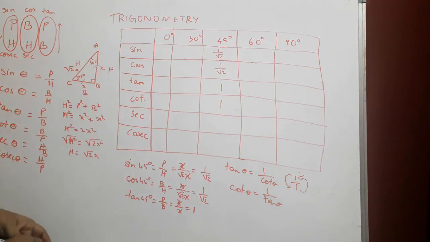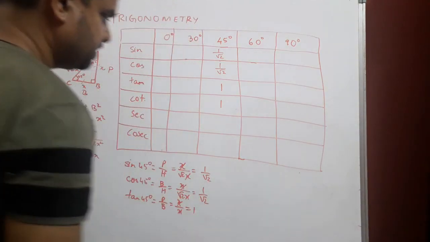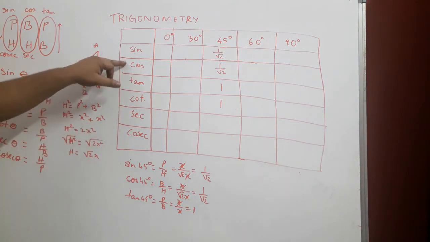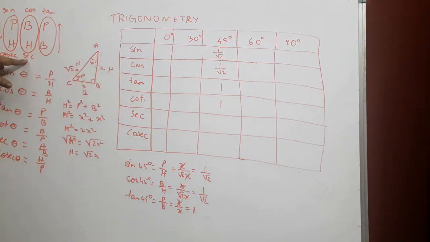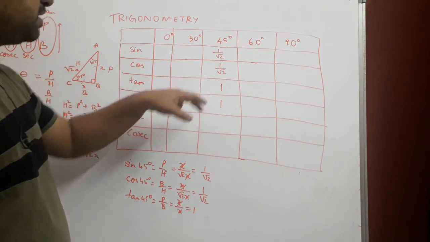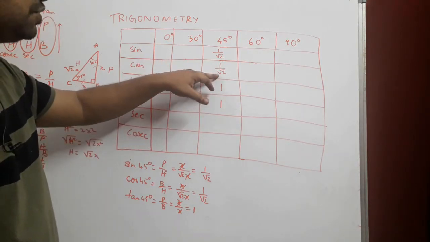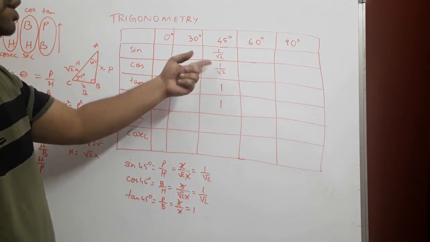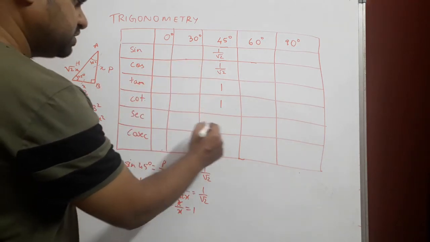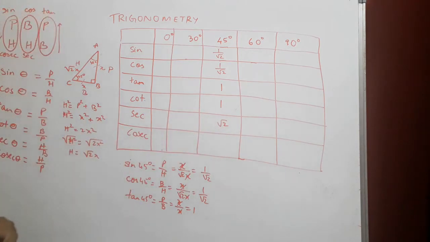What about sec of 45 degrees? Sec of 45 degrees is the opposite of cos. Have a look over here. Pandit Badri Prasad tells us that sec is the opposite of cos. So if cos is 1 upon root 2, sec will be the reciprocal of that, which means root 2 from the denominator goes to the numerator, and sec becomes root 2 upon 1, which we can write as just root 2.